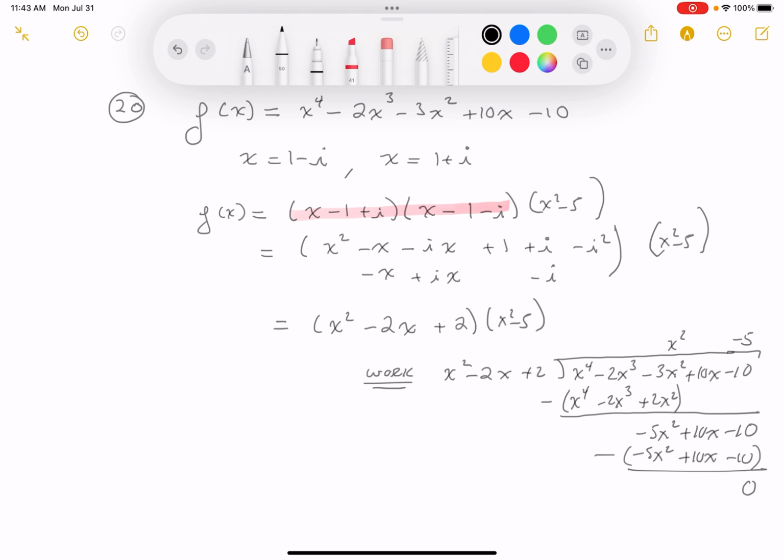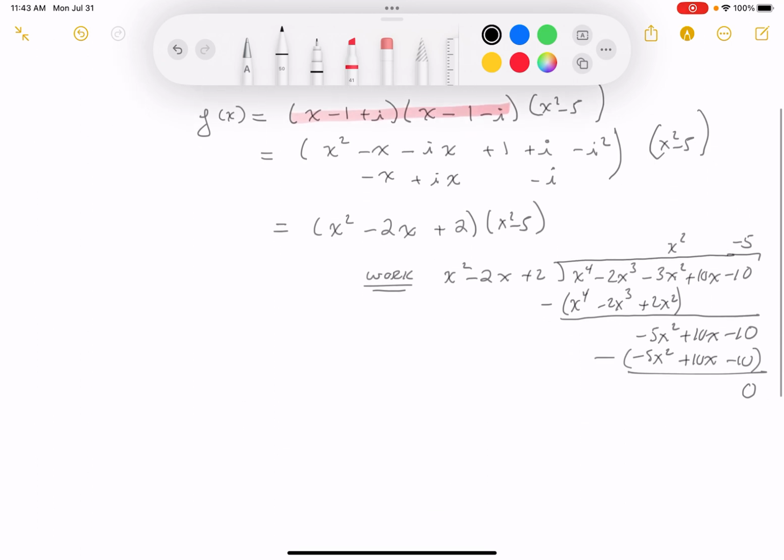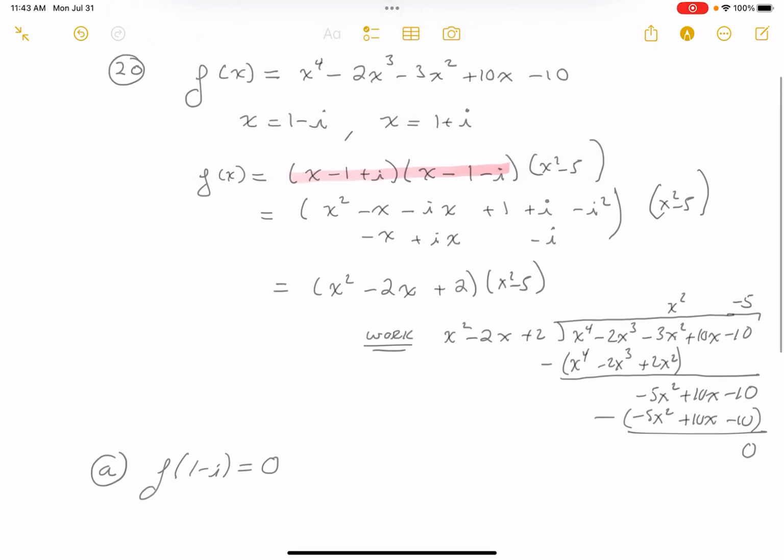All right, so looking at it, I've got to answer the questions now. The first one says verify that f of 1 minus i is a root, which means it's equal to 0. I want to point out that you could go through the arithmetic on it. I'm not opposed to it, by the way.